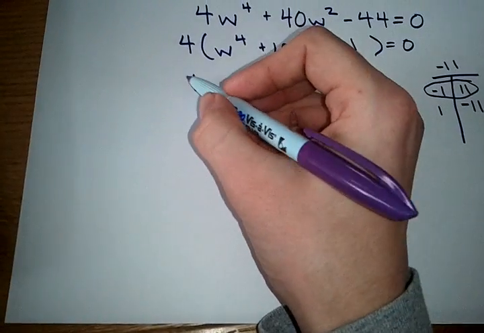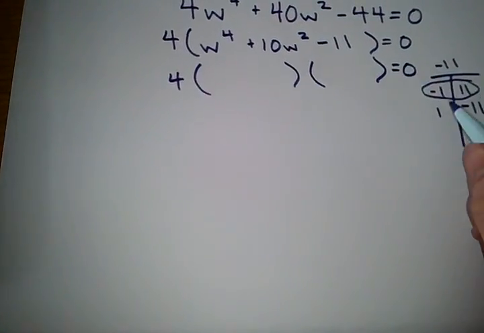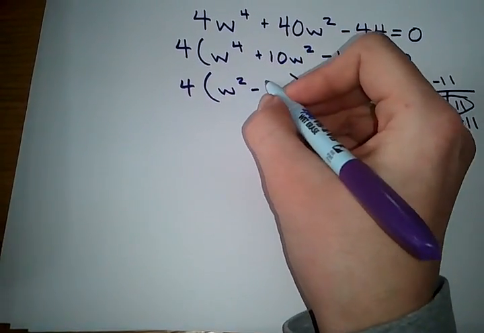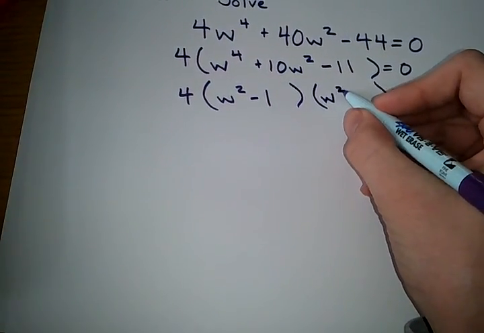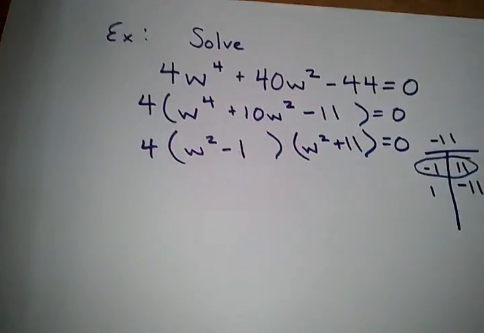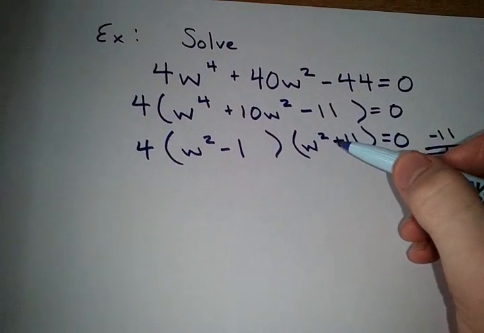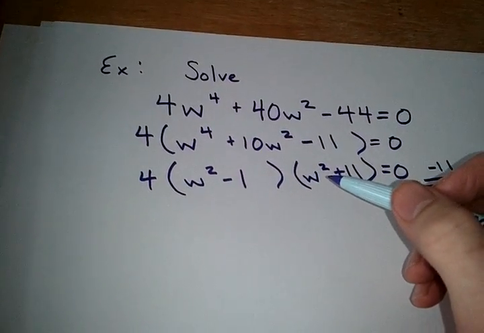So I'm going to write two sets of parentheses, and we'll say w squared minus 1 and w squared plus 11. From here, can we factor any more? Because I have a plus in the middle, there's nothing I can do here. These are not a sum of cubes.